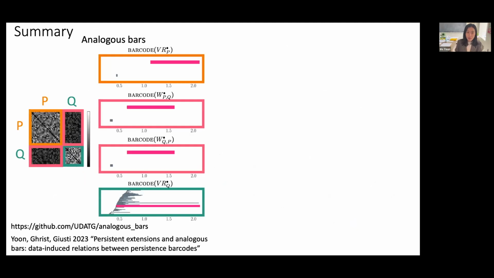So in summary, I presented the method of analogous bars that allows us to compare barcodes from two systems when the two systems can't be embedded into a common space. The key idea here was using witness complexes or Dowker complexes to find some kind of shared or common feature.